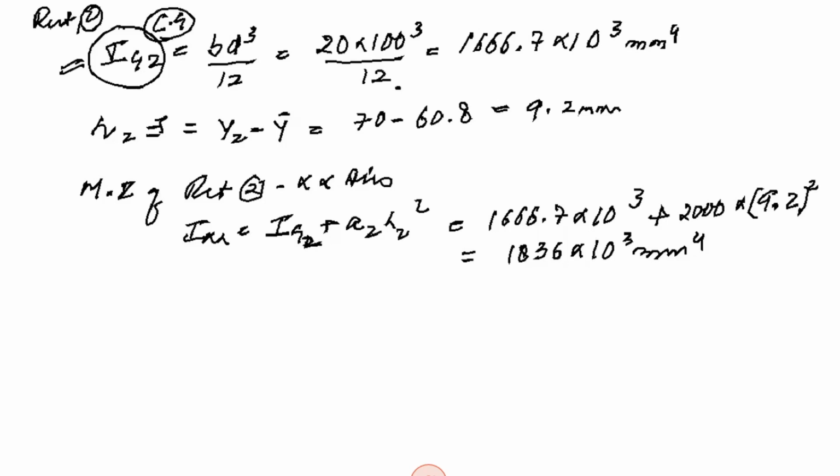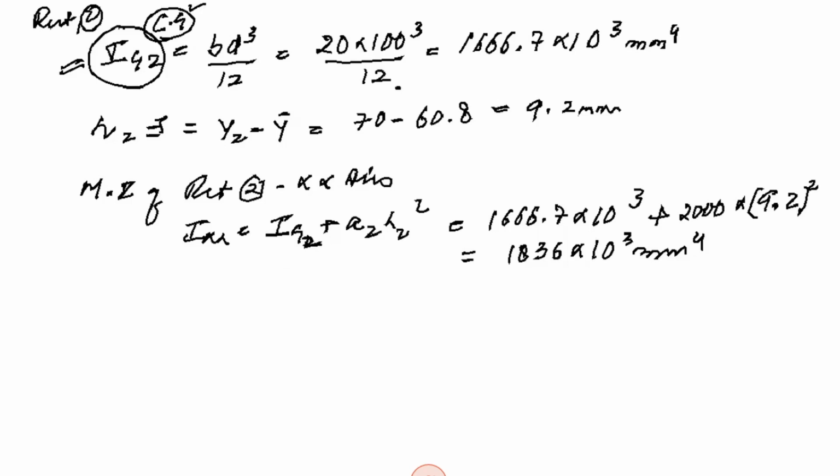This moment of inertia is also parallel to the x-axis, because we're calculating from the reference line at the bottom. So Ig2 is the moment of inertia about an axis passing through the center of gravity, and this is actually the moment of inertia of rectangle 2 about the x-axis.